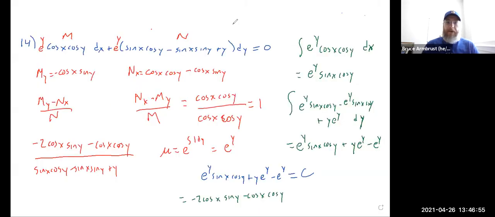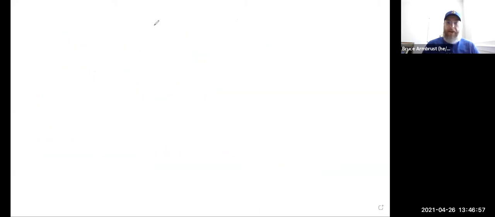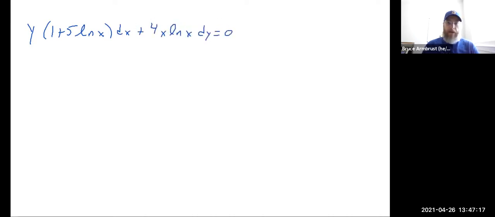So let's come here, clear out all that nonsense, and let's start anew. All right, so we had y times 1 plus 5 natural log of x dx plus 4x natural log of x dy. Well, let's name these guys again. See if we can make this work.